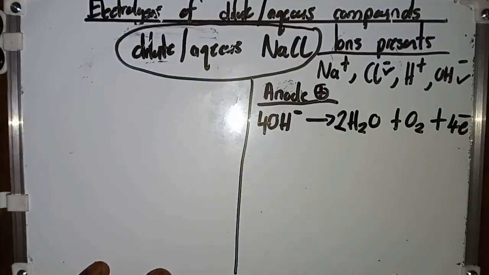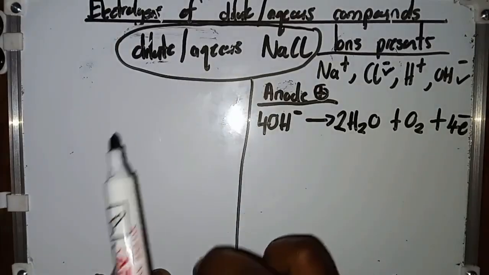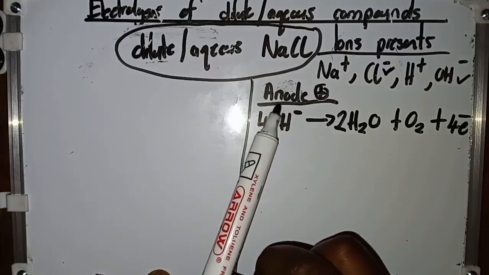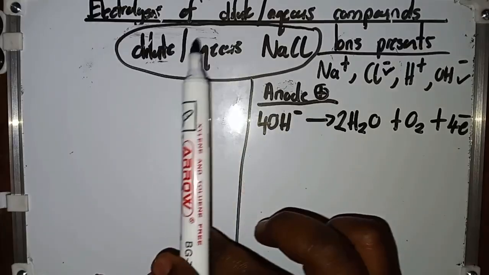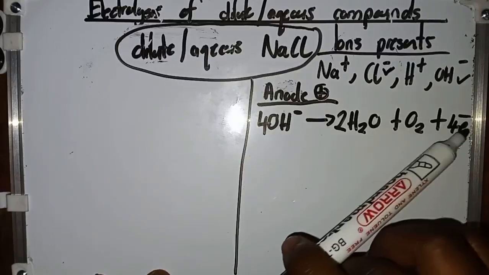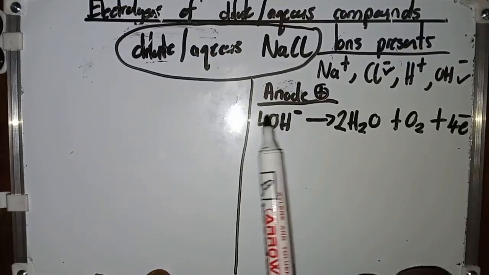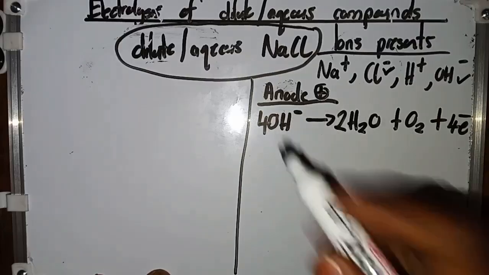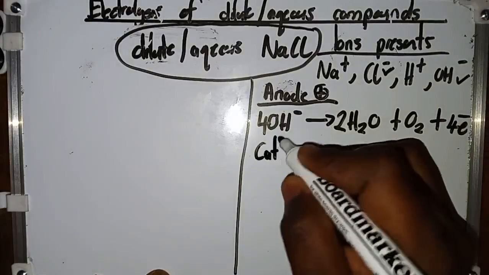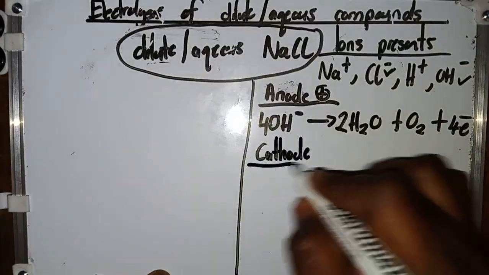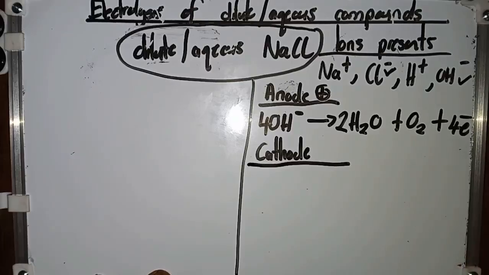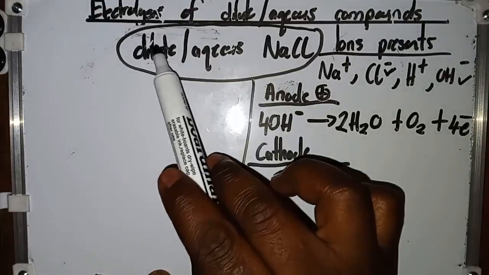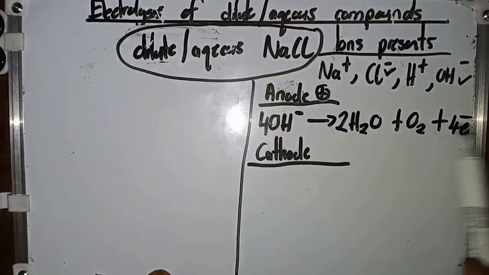For all dilute or aqueous compounds, this is the equation. You just write it like this. The cathode equation varies with the compound, but the anode equation for dilute and aqueous compounds is the same.